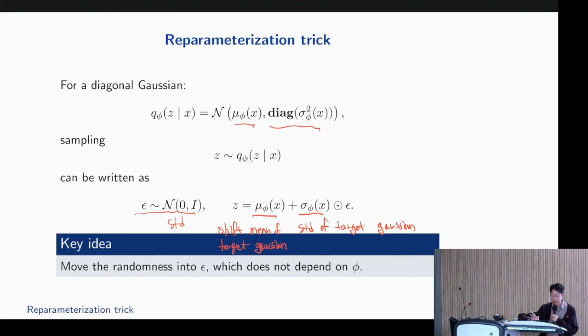So sampling from this arbitrary Gaussian is equivalent to sampling from standard normal and modifying your sample so you can mimic sampling from this Gaussian.